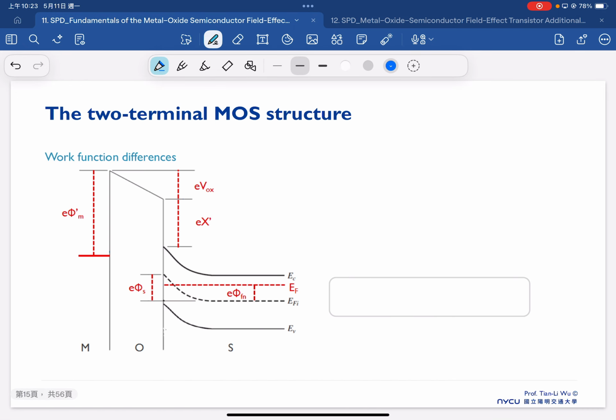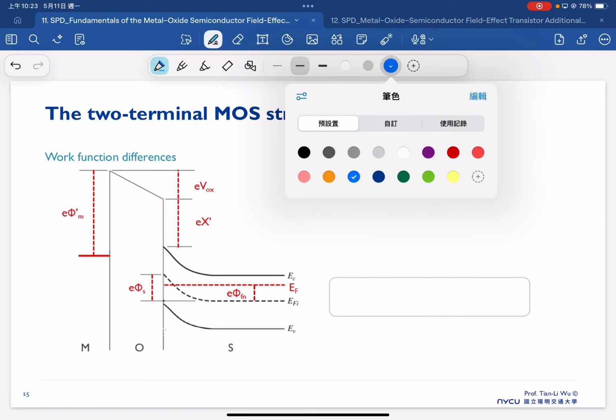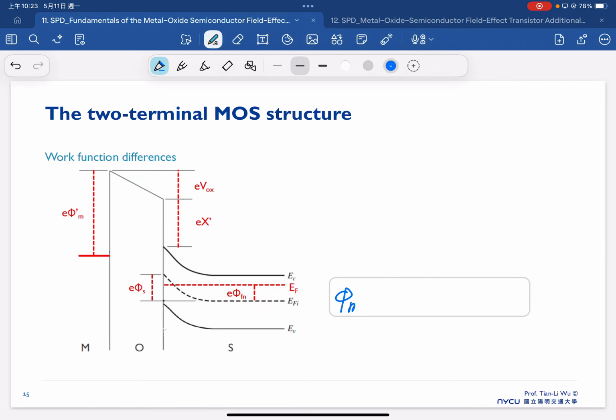The same we can do on the N-type substrate, and then we are also able to calculate the phi n s. So this calculation is not that big a deal.